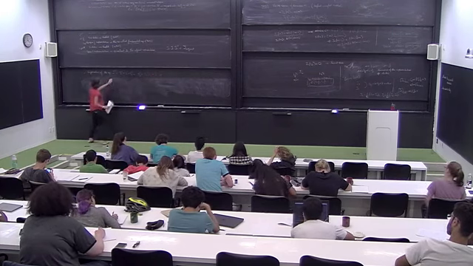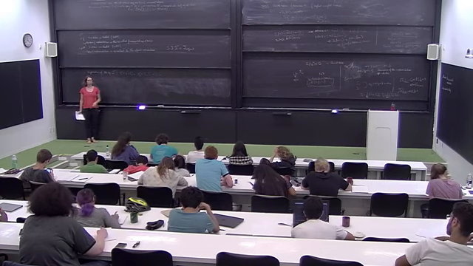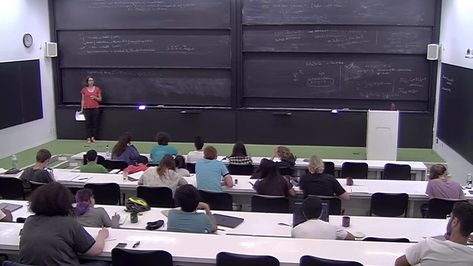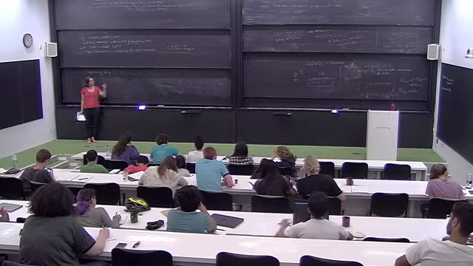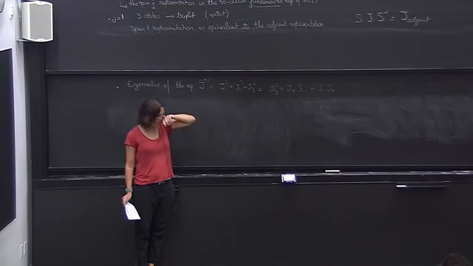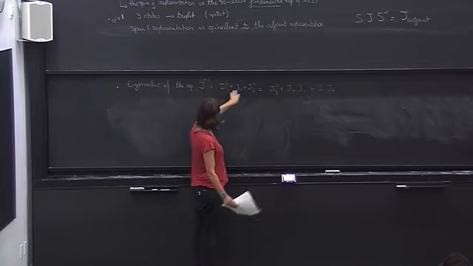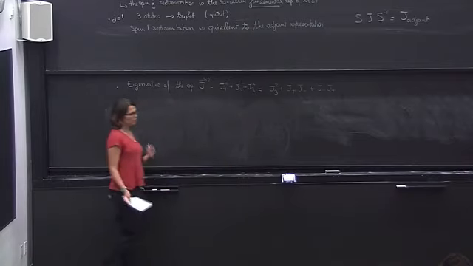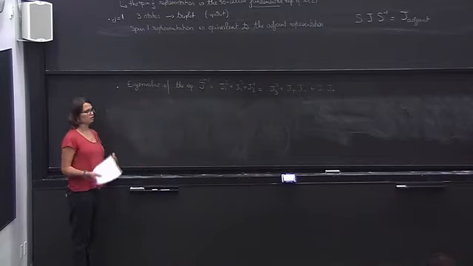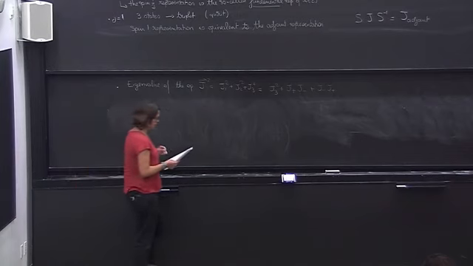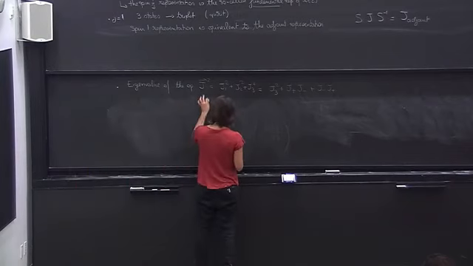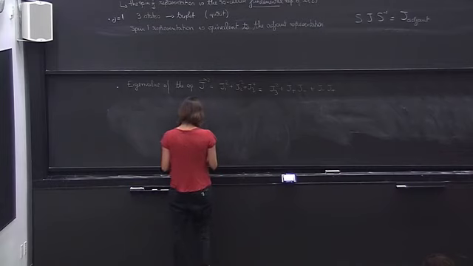So you can see that this operator is not an element of your Lie algebra, okay? It's not linear in the generators, but it's a well-defined operator which can act on your Lie algebra.